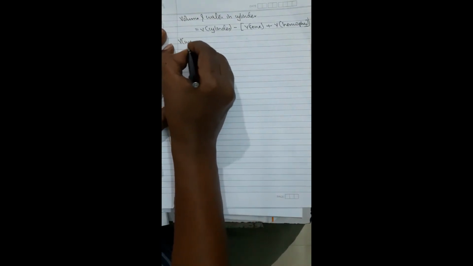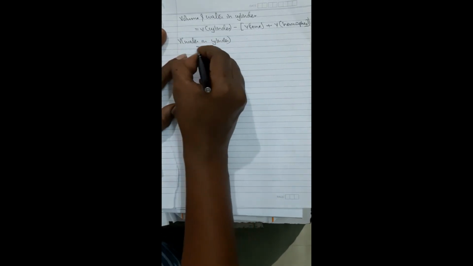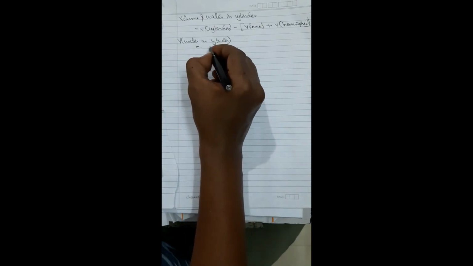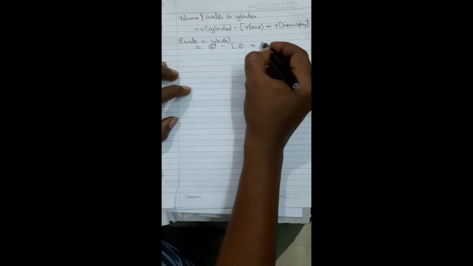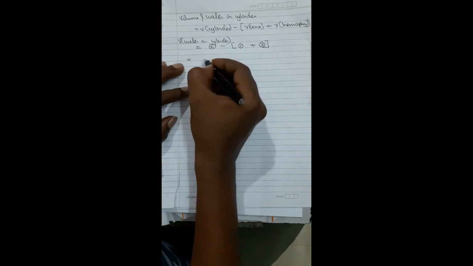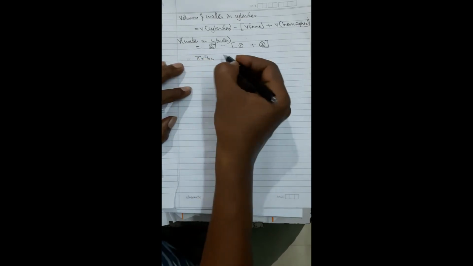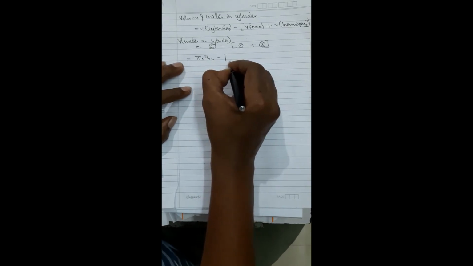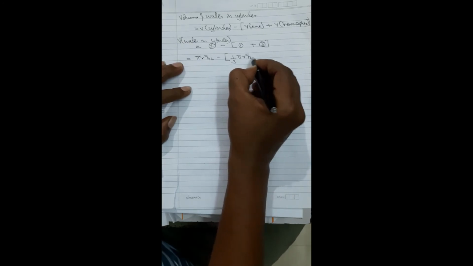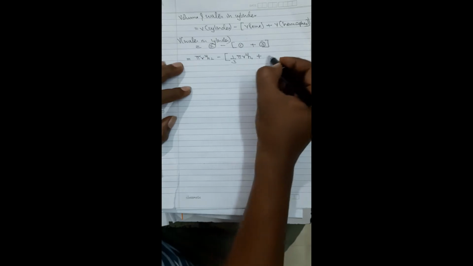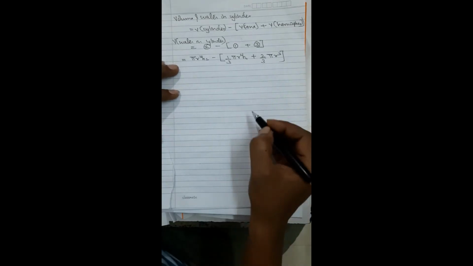Therefore volume of water in cylinder will be equal to, volume of cylinder is basically part 2 minus first plus third that we have taken, that will be equal to, cylinder was pi r square h2 minus volume of cone was actually 1 upon 3 pi r square h1 plus 2 upon 3 pi r cube.